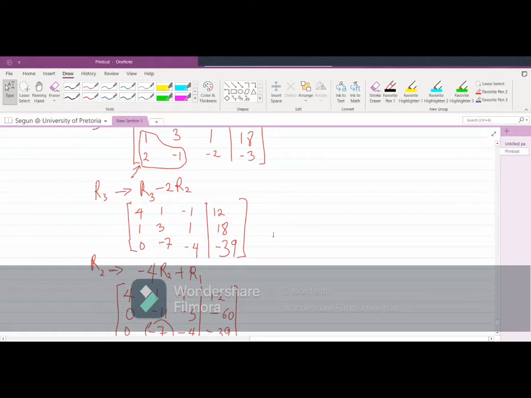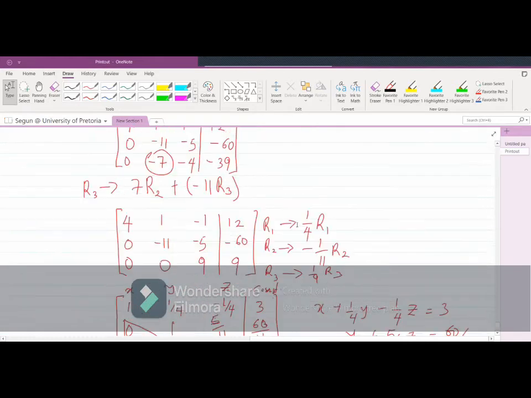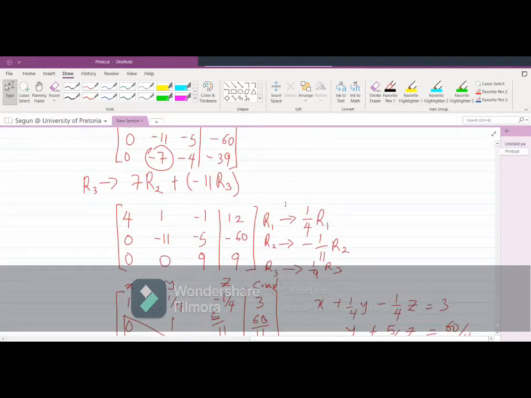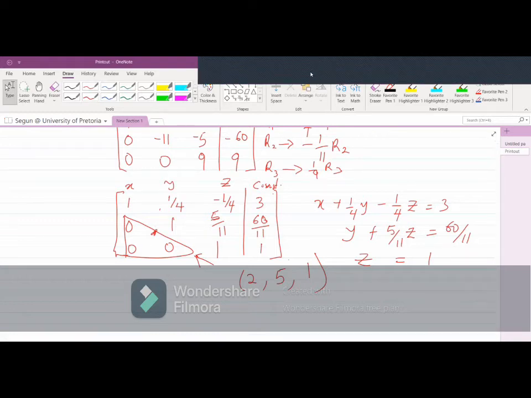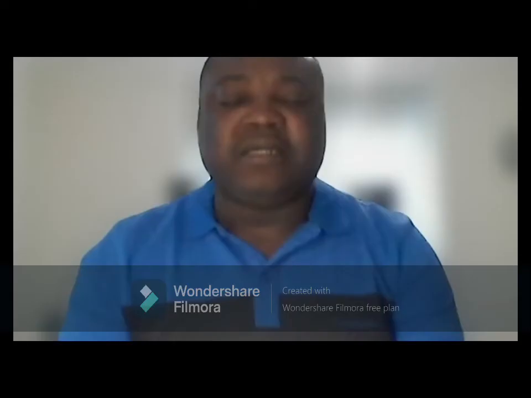There are different ways. That is why mathematics is a bit unique. So you can decide, okay, row 2 is convenient for me. Anyone you start with will surely give you the same answer. Have I answered that? Yes, sir. Thank you. You're welcome.